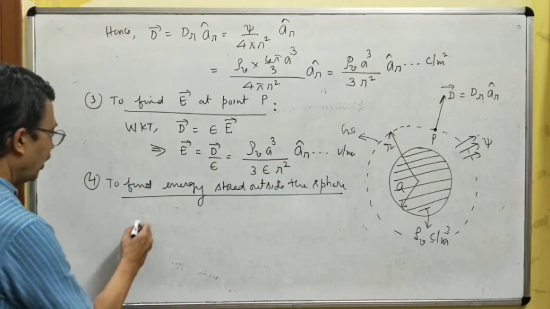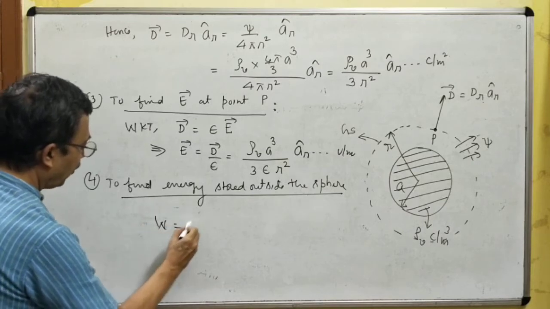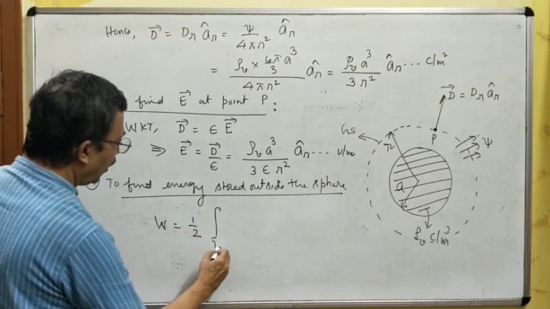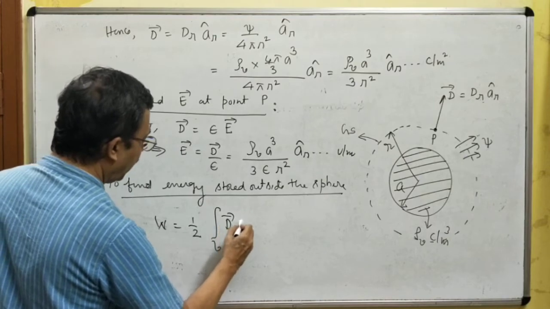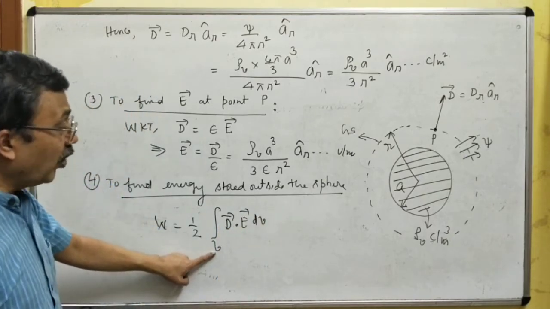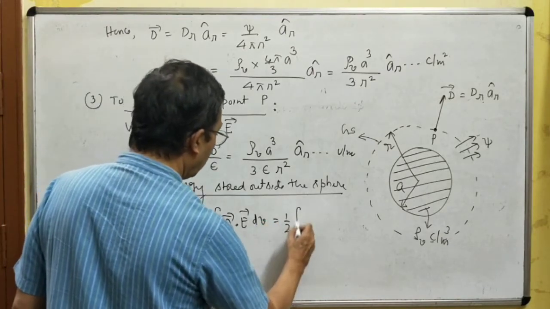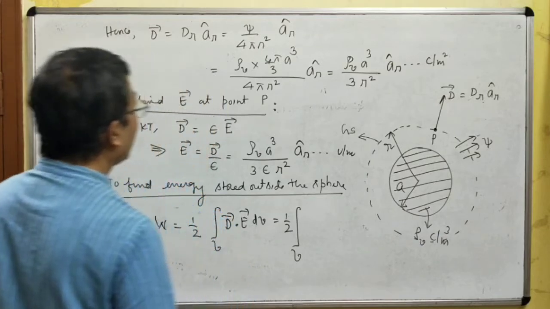What is the formula? W is equal to half into volume integral vector D dot E dV. So what is this volume? This is the volume that contains the electric field. So this is nothing but half into volume integral. What is vector D?